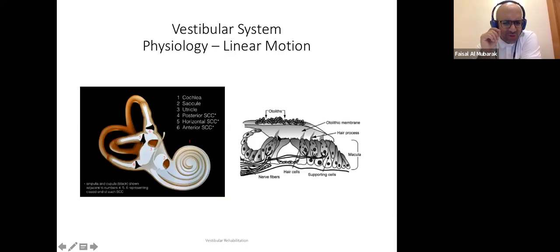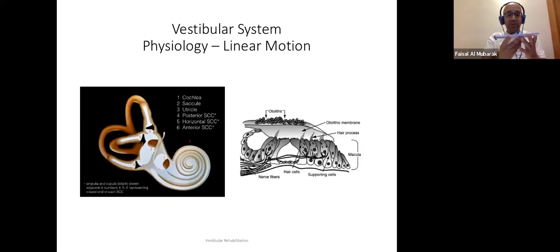So how does it really work? The main thing working here is gravity. Let's imagine, guys, that this is the gelatinous fluid and these are the crystals.